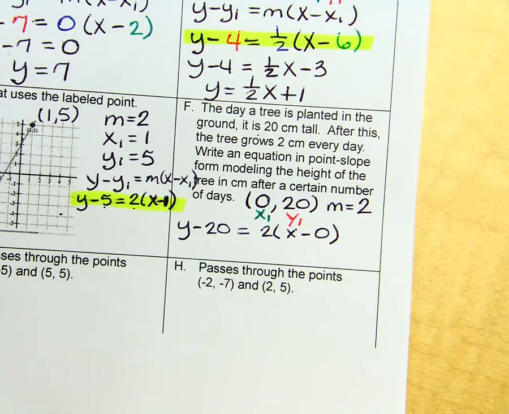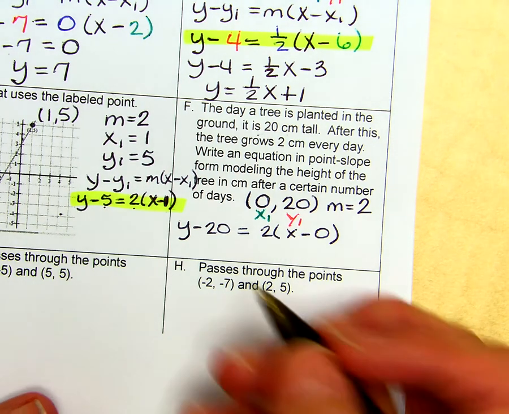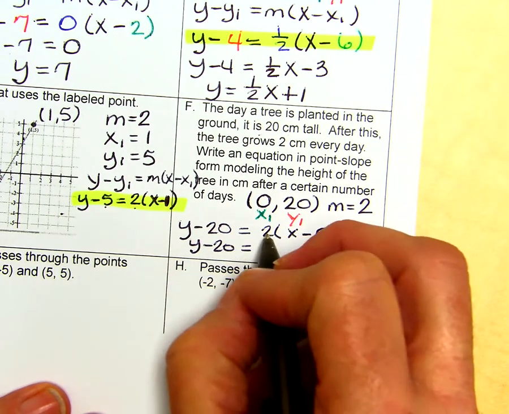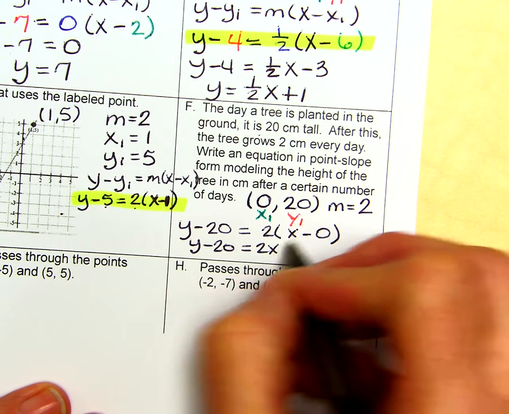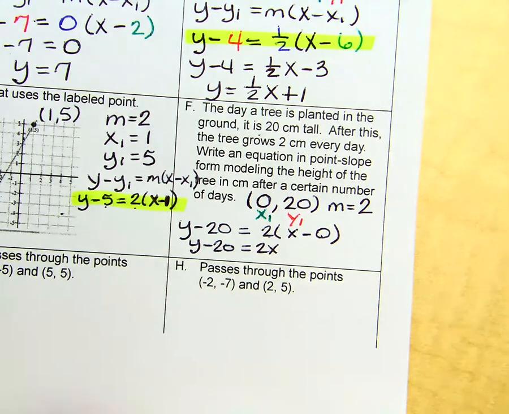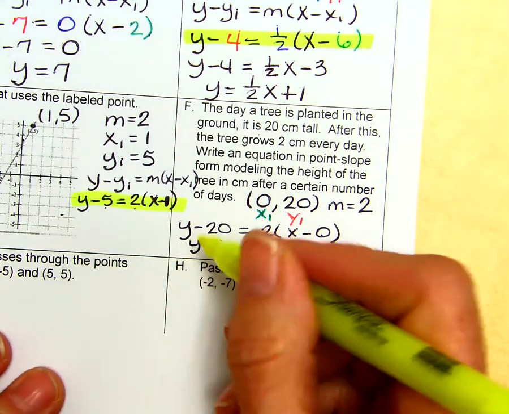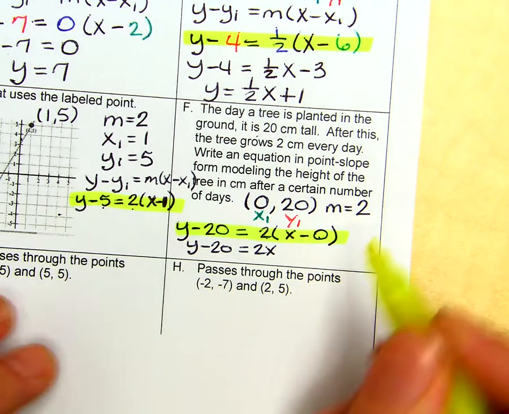We can simplify this on this side. y minus 20 equals 2x, and then 2 times 0 is 0, so we do not need to write that down. So we had it here in point slope form. Go ahead and highlight that. There's our point slope form.